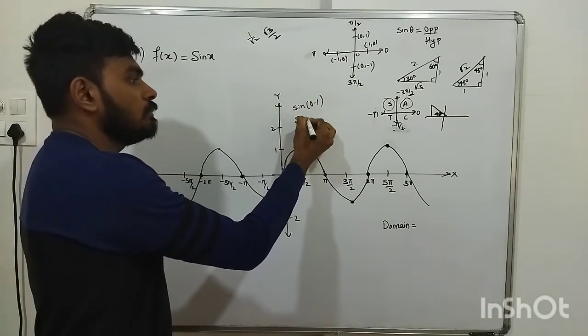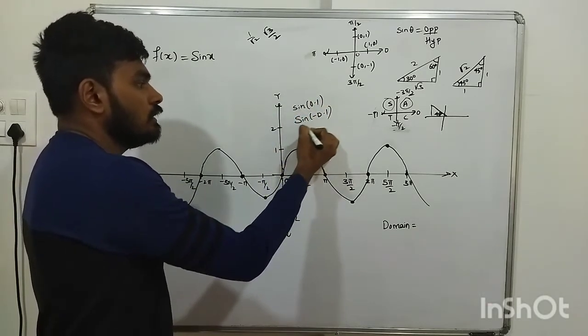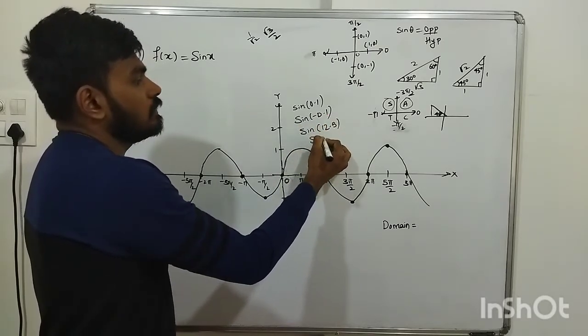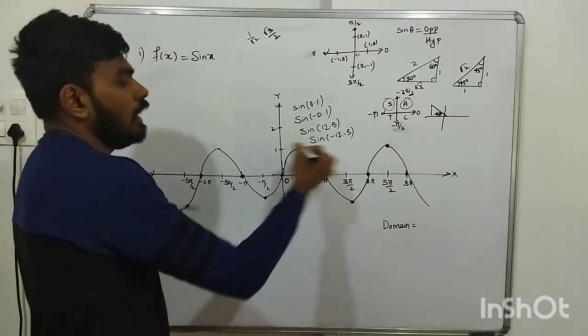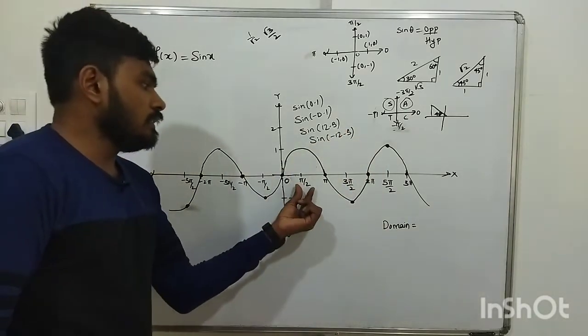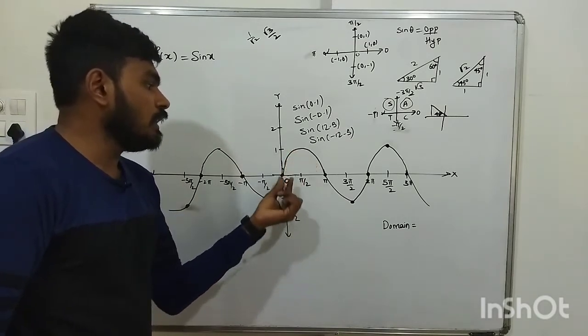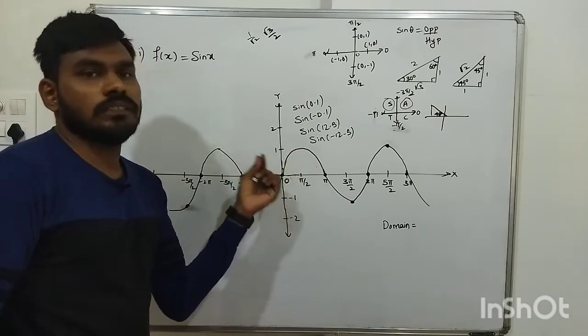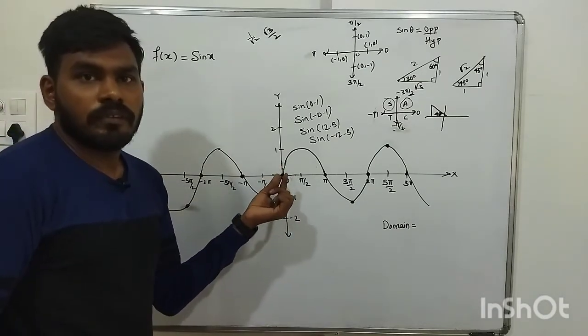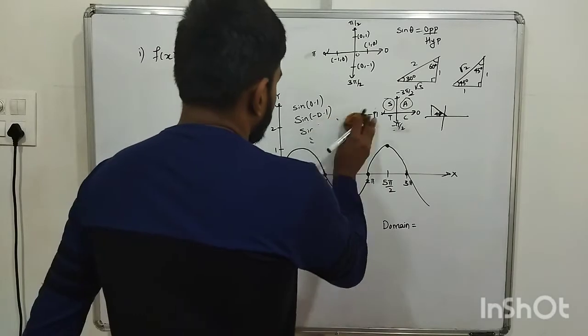Sine of minus 0.1 or sine of 12.5 or minus 12.5, any angle you take there is an answer. These are standard angles whose values we know, but even for the others there is an answer, though it is difficult to trace.